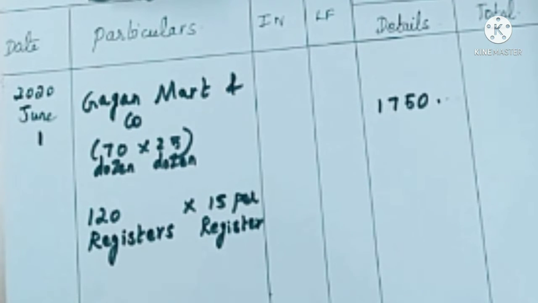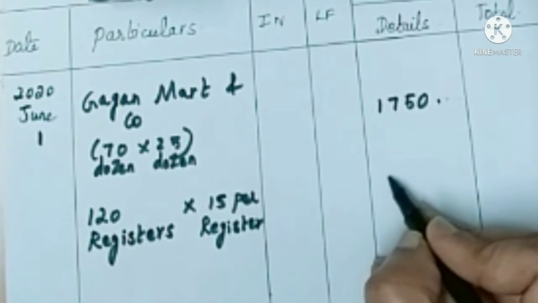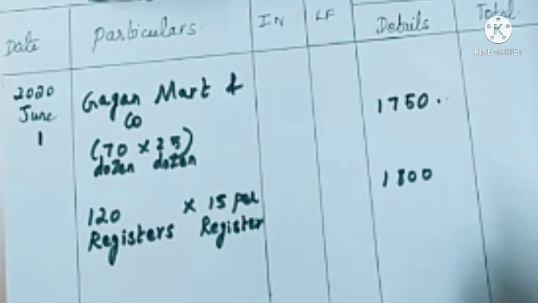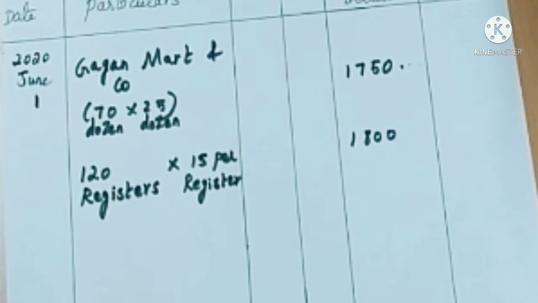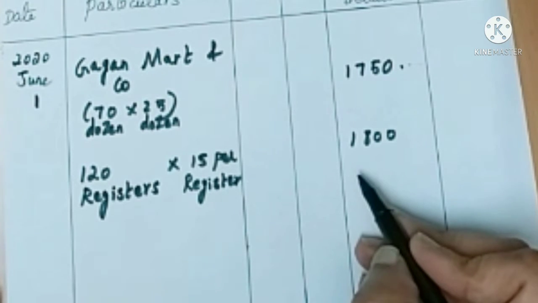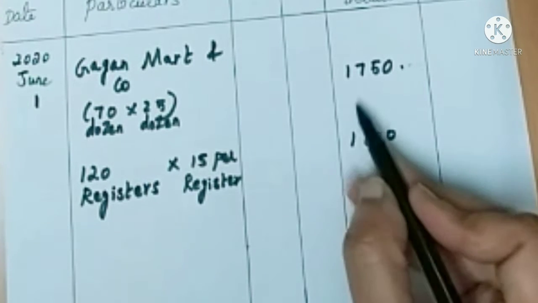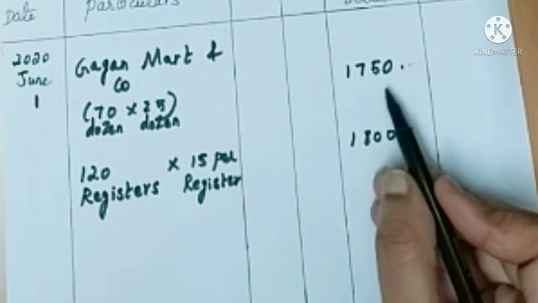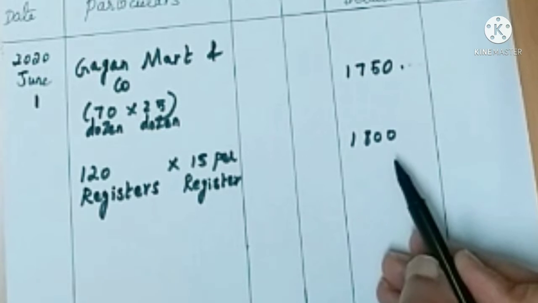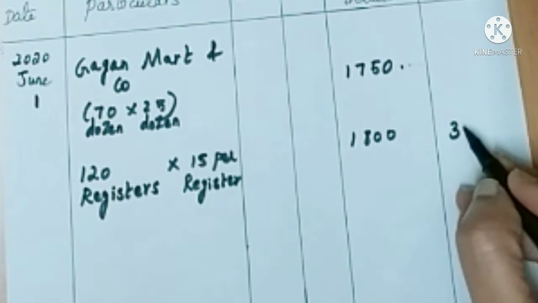Amount is rupees 1,800. So totally we have purchased from Gagan Mart rupees 3,550 worth of goods. So when we add 1,750 plus 1,800, we get 3,550.